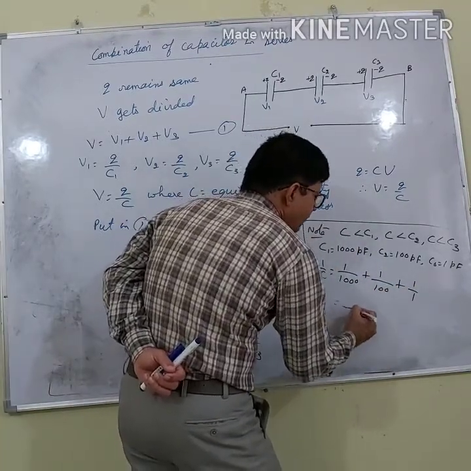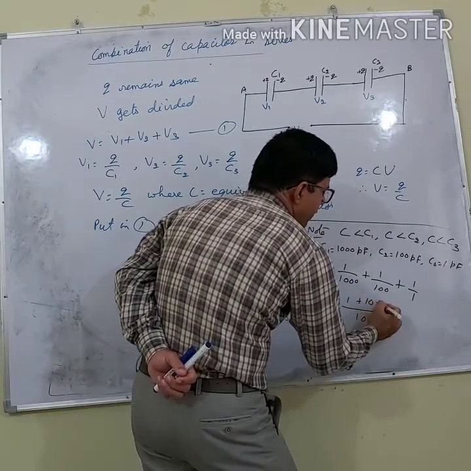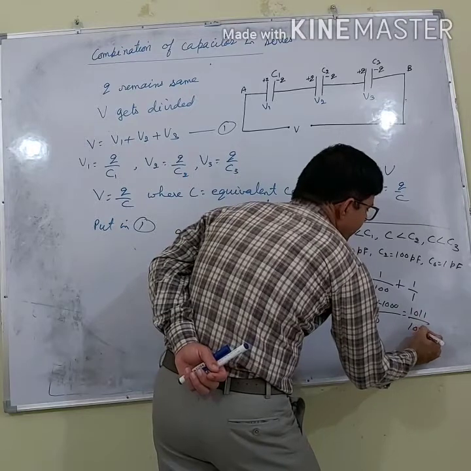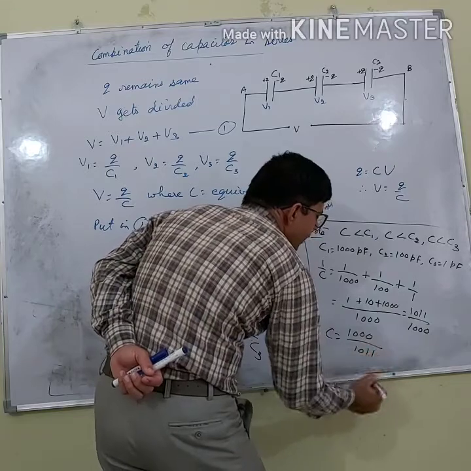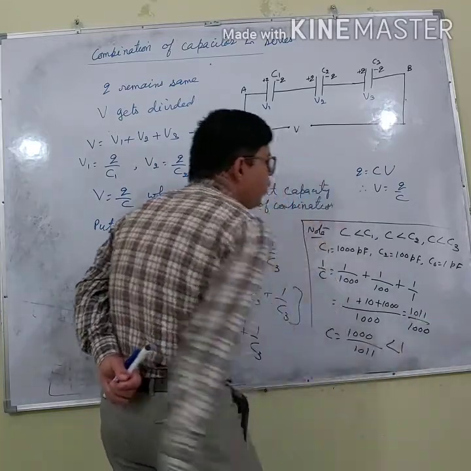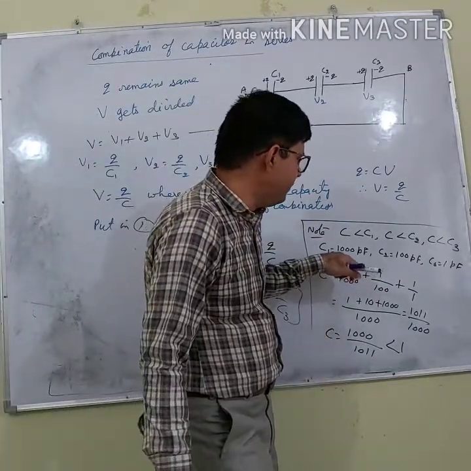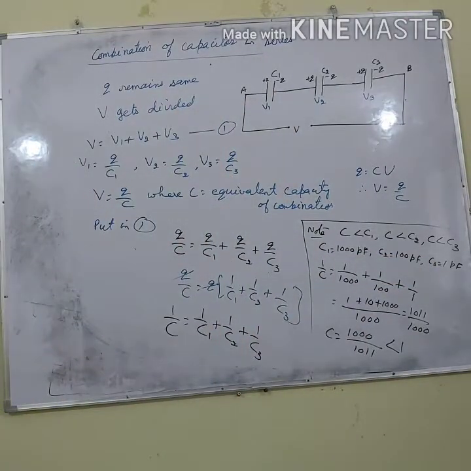So what will be its LCM? 1000. It is 1, 10 plus 1000. How much will it be? 1011 by 1000. So what is C? 1000 by 1011. This is even less than 1. And so I can say C is less than C1, less than C2 and less than C3. So in this way we can derive the expression for combination of capacitors in series.